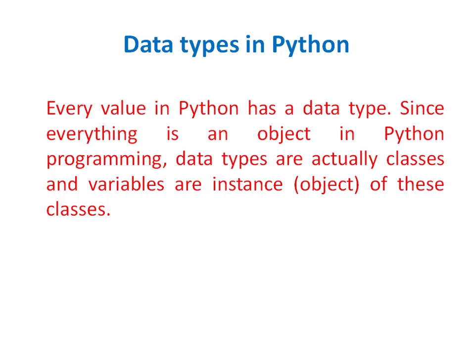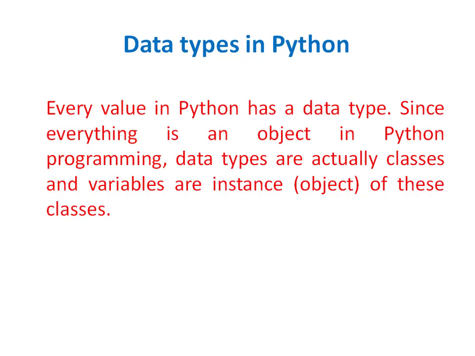Every value in Python has a data type. Whatever you see in Python, we have variables, we have some other constructs. They are all in the form of data types. So whatever data you need to store has to be of a particular data type or category. You also know that Python is a purely object-oriented programming language.